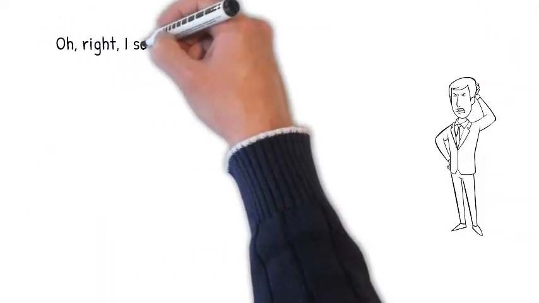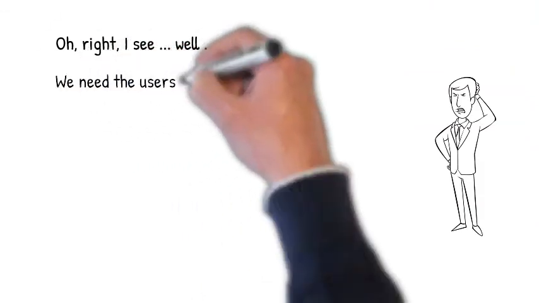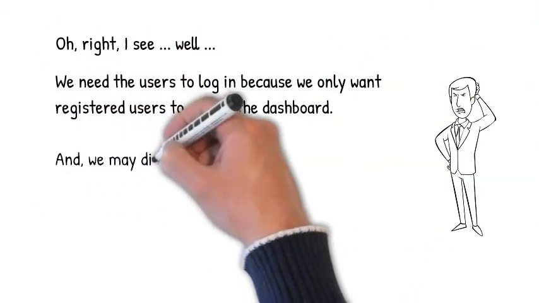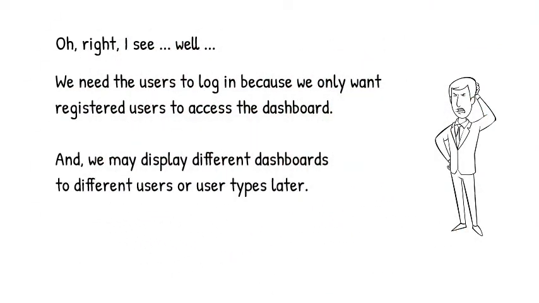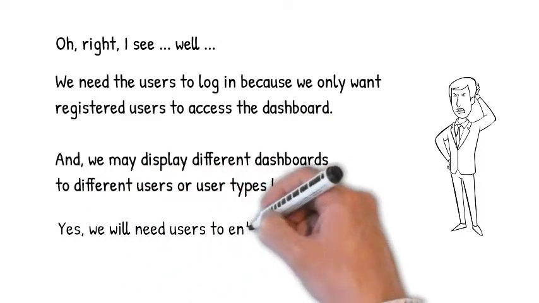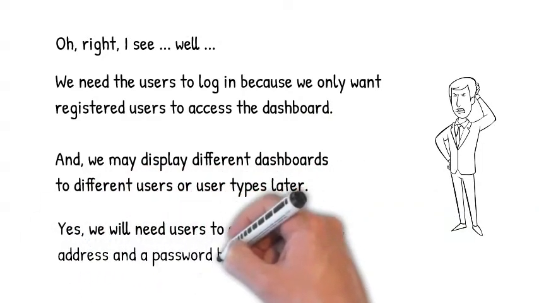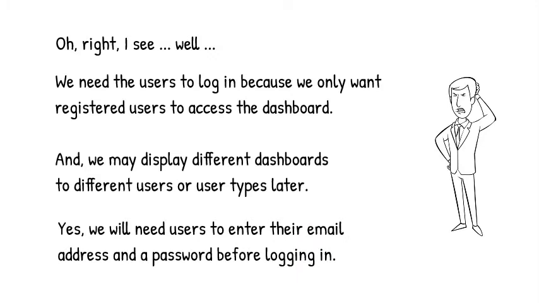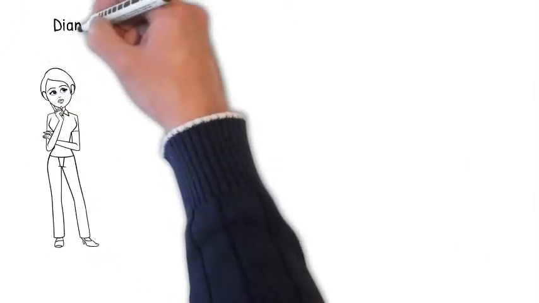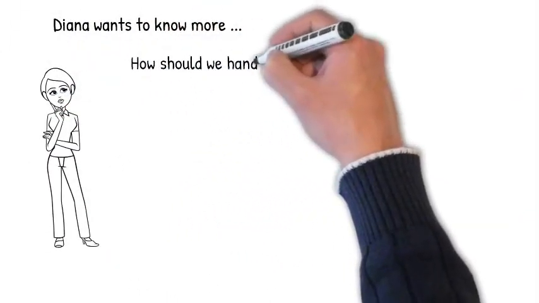Peter is now understanding that his requirements are not as clear as he thought, and that maybe there are some details he has not thought about at all. He clarifies the context, giving the reason why we need the users to log in. He also mentions a possible future feature that could be linked to this. Diana is thinking about what could go wrong and how her code should handle that.